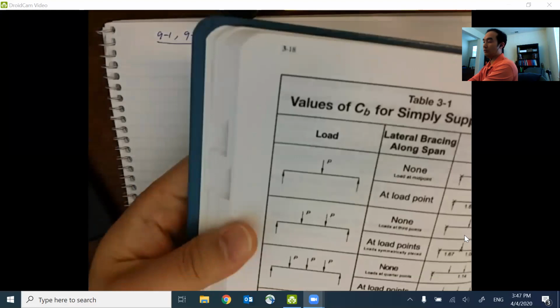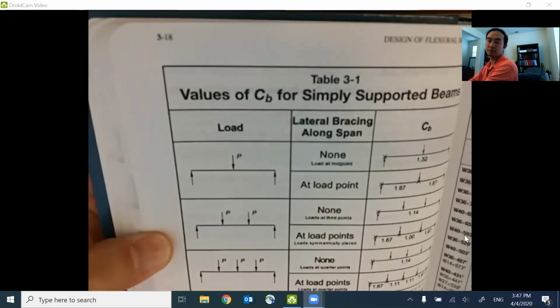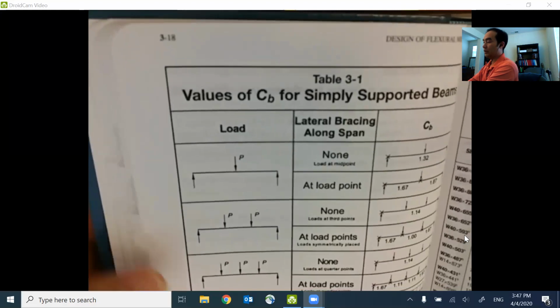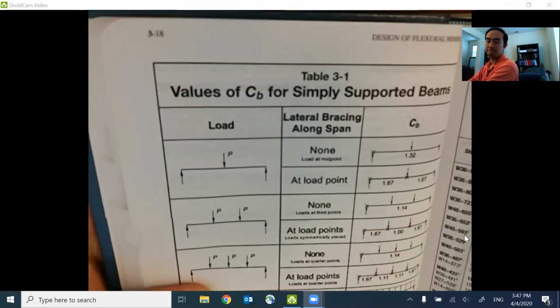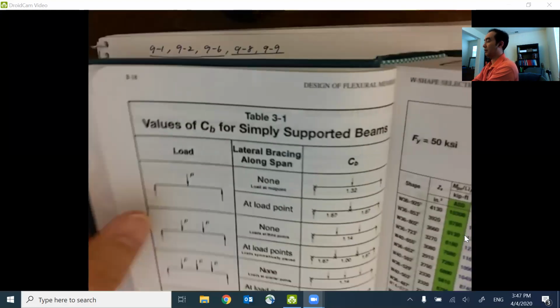So here is table 3-1. You may remember this table. So values of Cb for simply supported beam. And we have the very bottom. Okay, I'll show you.